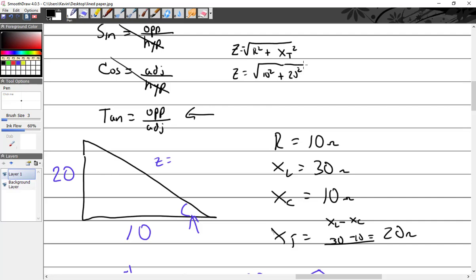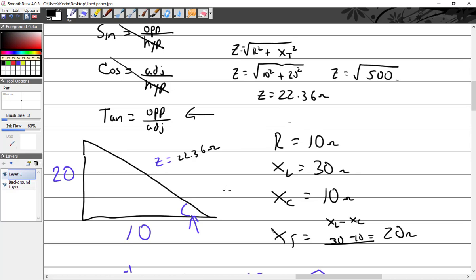We do what's underneath the radical sign first. So 10 squared plus 20 squared equals 500. I'm not done yet though. So z equals the square root of 500. Now I'm just going to hit this little square root key. And what'd you get? 22. So z equals 22.36 ohms.